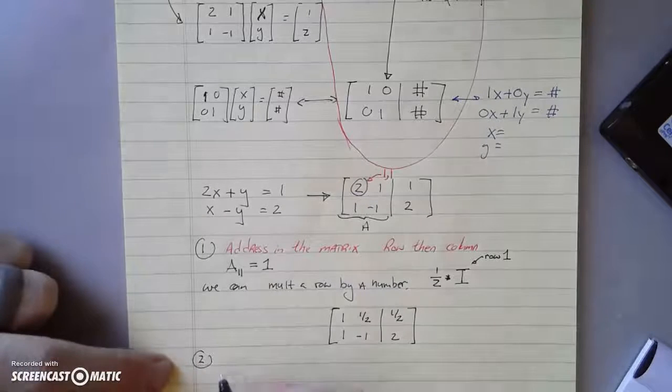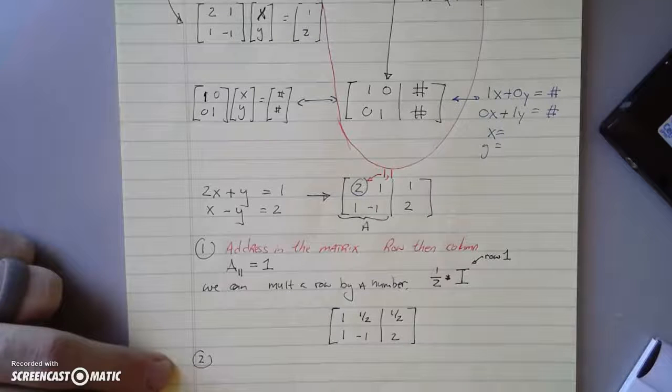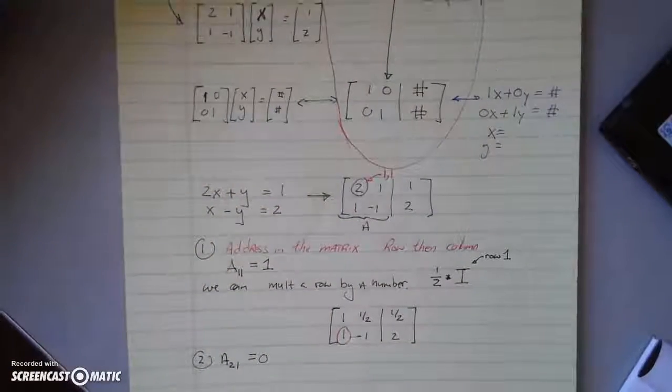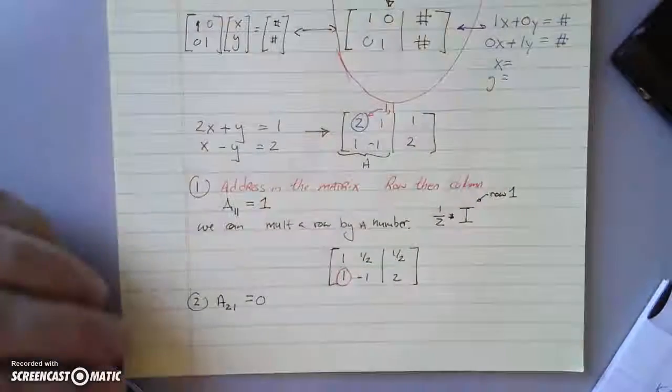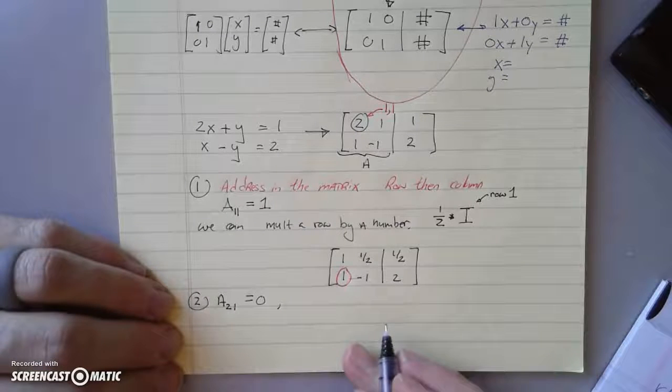Step 2. My next goal is to make this spot here equal to 0. This is the second row, first column. Now, how am I going to do that? Well, I can add and subtract rows.